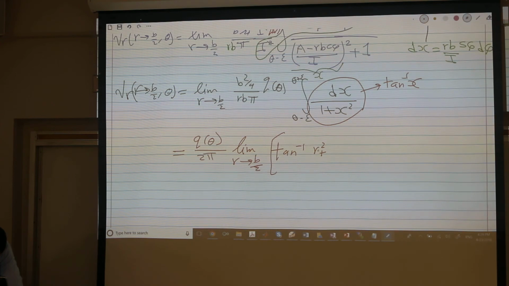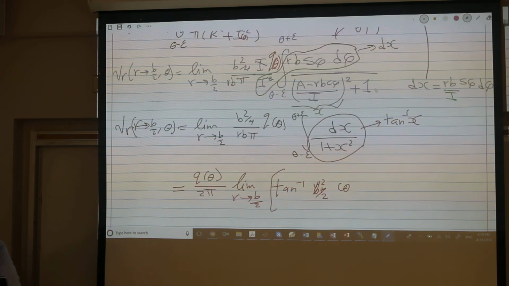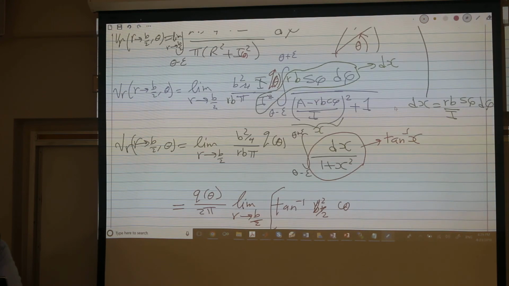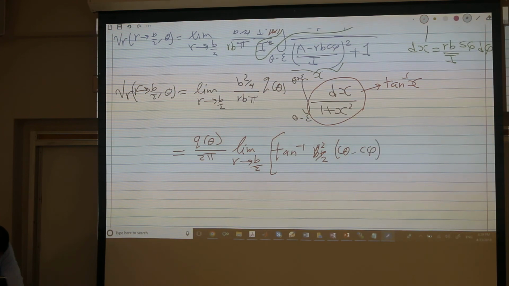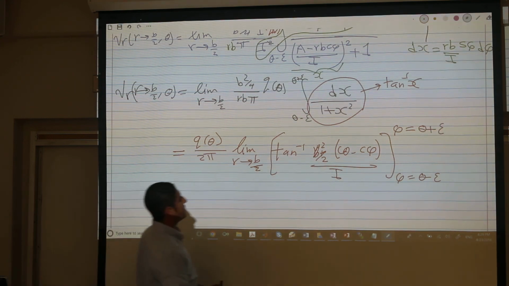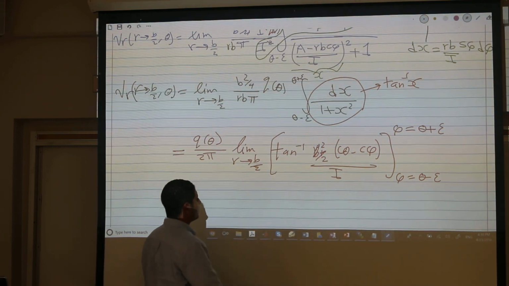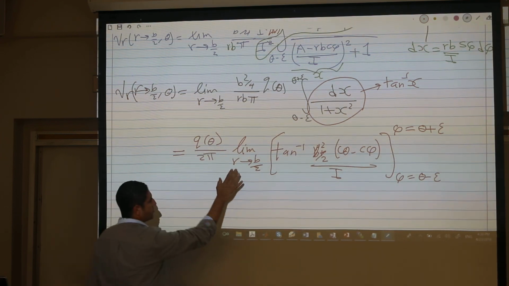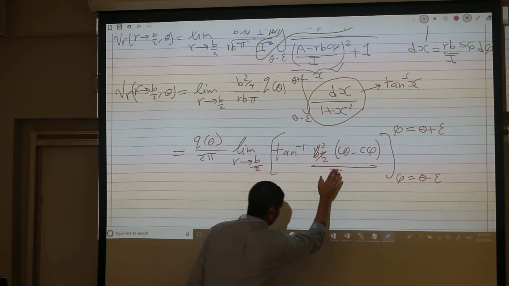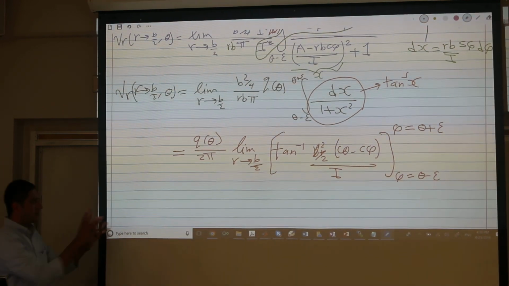We can carry out the limit here, so it's B squared over 2 cosine theta minus cosine phi over I between limits phi equals theta minus epsilon, phi equals theta plus epsilon. I just substituted for chi, okay? Just substitute for chi, and whenever I have r, I put it b over 2 where it doesn't hurt. The only place where r will hurt if you substitute is I, because it goes to 0. Any other place you can substitute fine.